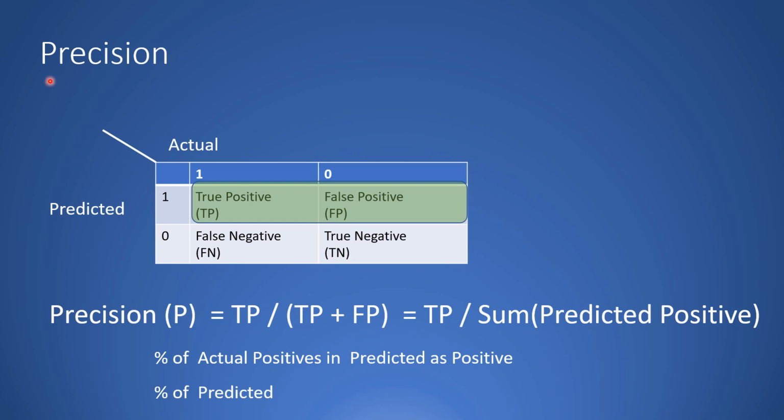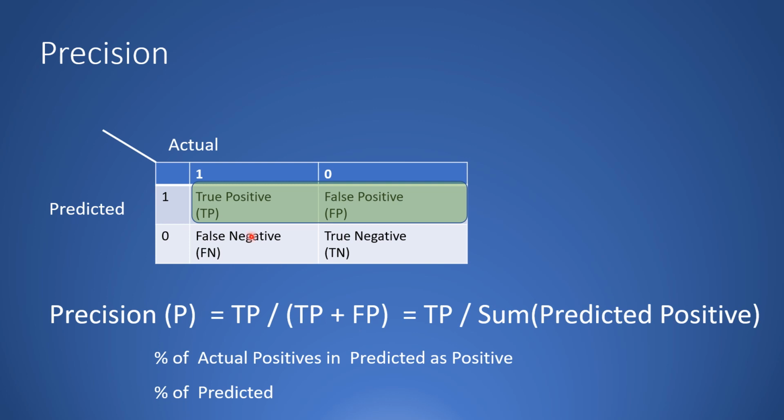This is where you have a metric called precision. So what is precision in a confusion matrix? Precision is the number of true positives divided by the number of true positives plus false positives.